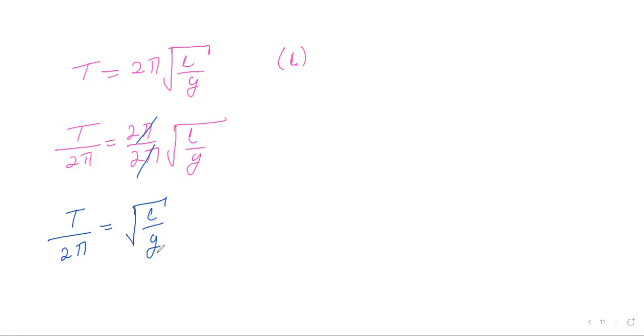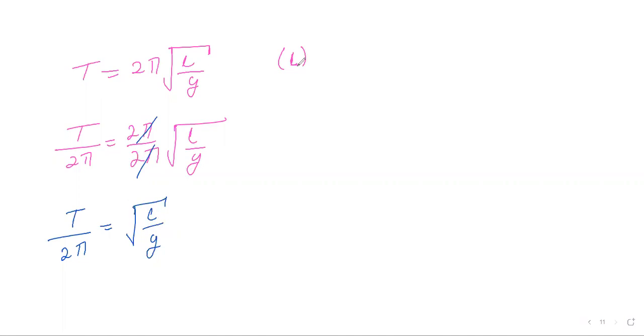Any question up to this point? Remember, I need to get rid of the 2 pi. What's the 2 pi doing with the square root? It's multiplying, so the opposite of multiply is divide. So you divide both sides by 2 pi to get rid of the 2 pi first. Then the next thing we are going to do is get rid of the what?